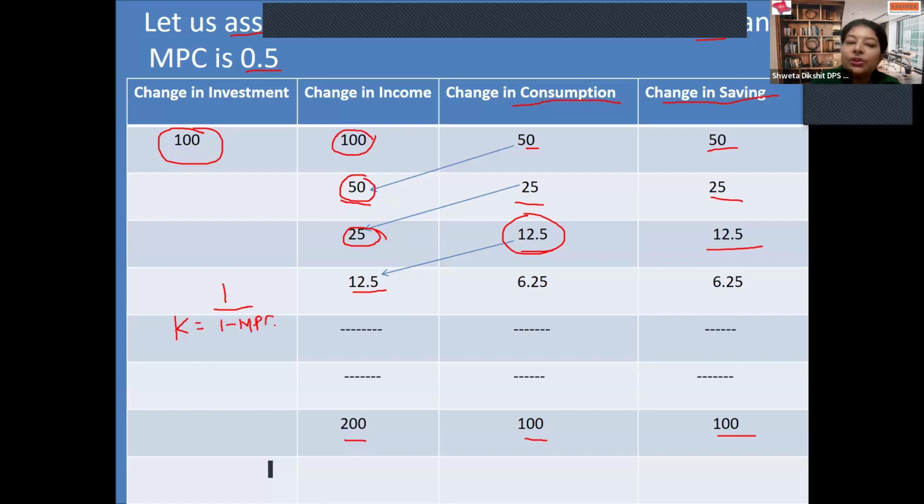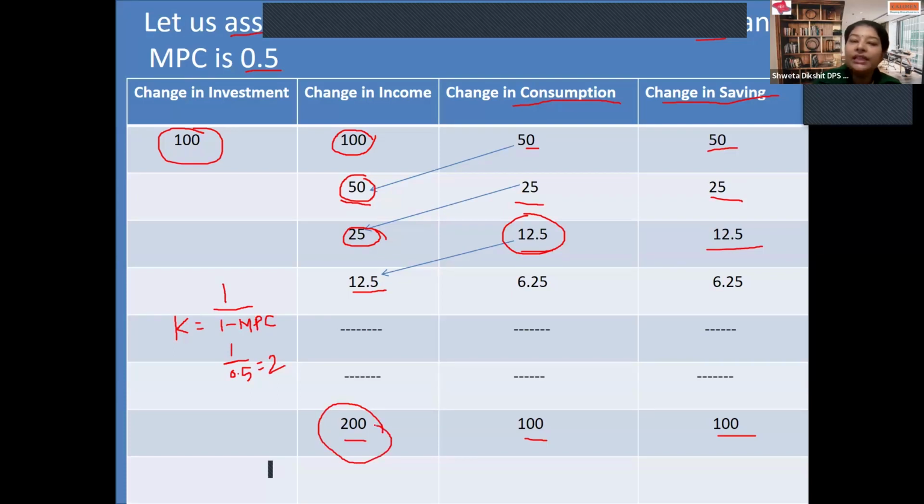So K is equal to 1 upon 1 minus MPC, that means 1 upon 0.5, which is equal to 2. That means income will be multiplied 2 times. And what is 2 times 100? That is 200. So here income is 200.